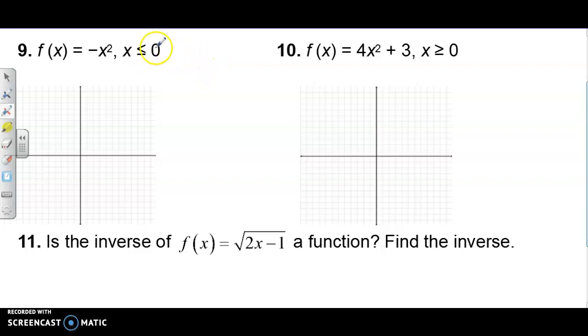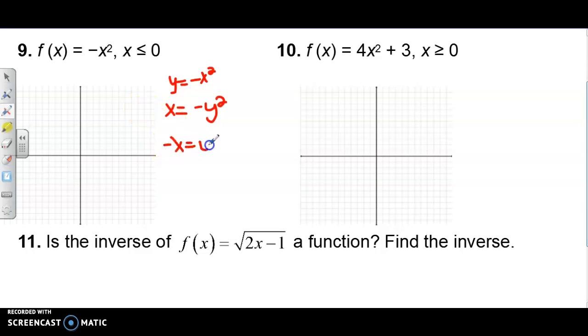Alright, so we have here f of x equals negative x squared, x is less than or equal to 0. So, again, first switch the x and the y. So we'll have x equals negative y squared. You're going to want to divide both sides by negative 1, or multiply both sides by negative 1.